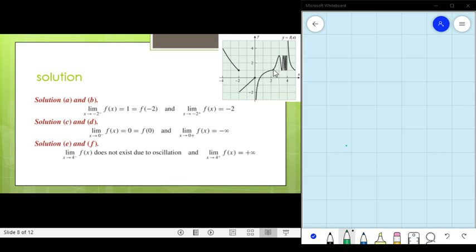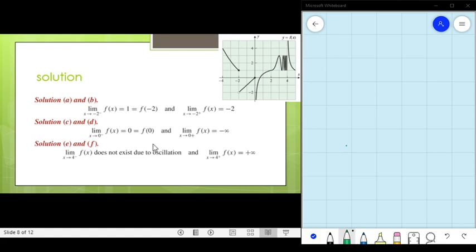Whereas, the limit of the function as x approaches 0 from the right, where does it go? It cannot be estimated because the graph is half of a parabola opening downward, extended toward negative infinity. So that's why the limit as x approaches 0 from the right is negative infinity. From the left is 0, and from the right is negative infinity.